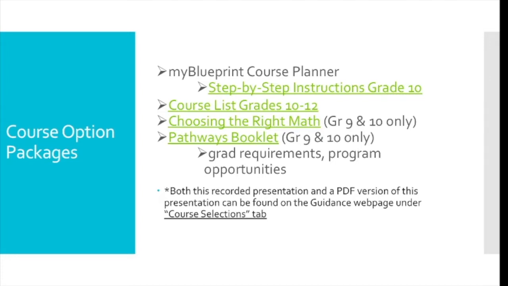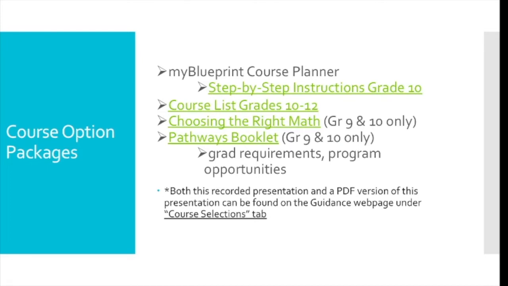Choosing the right math will help you to learn more about programs in university and college that require math or not. This, along with your proficiency in math, can help you determine the right level. Students ask whether they should take math for their university or college programs, and it really does depend on the program. Even though we encourage every student to take math all the way through high school, regardless of level, it is important for students to research their program options in order to determine whether or not it is a requirement.